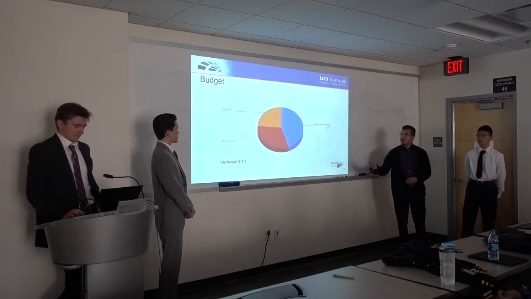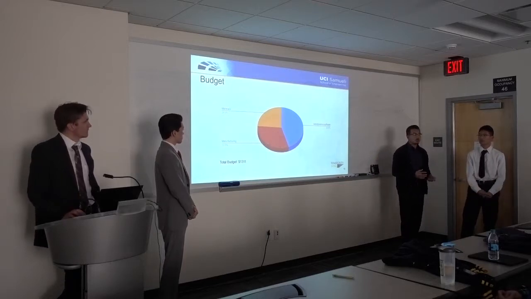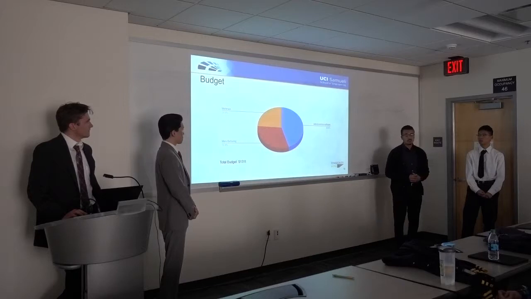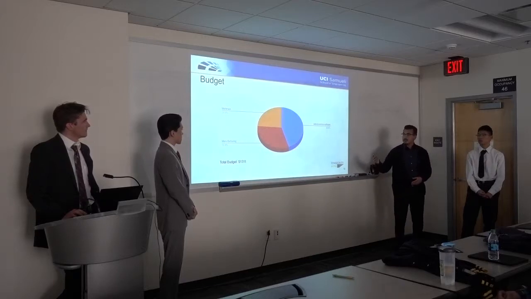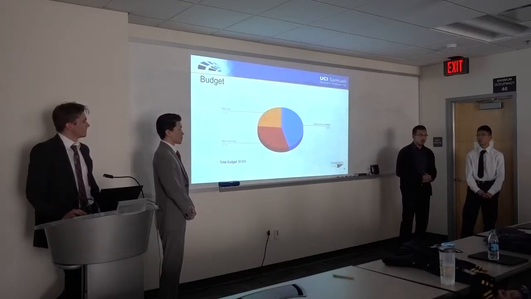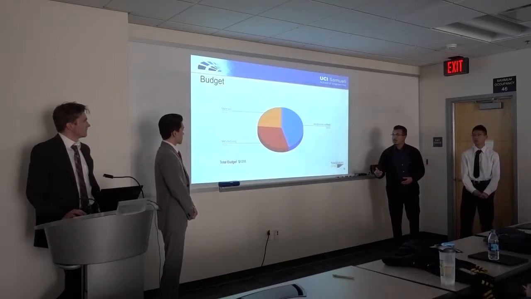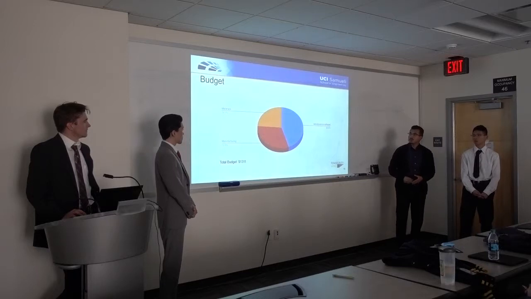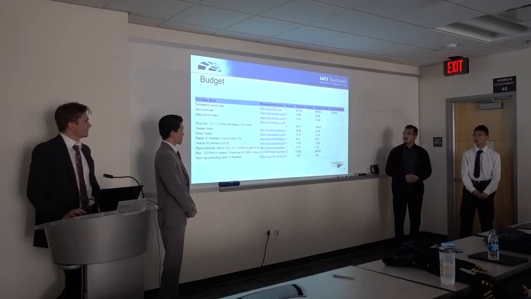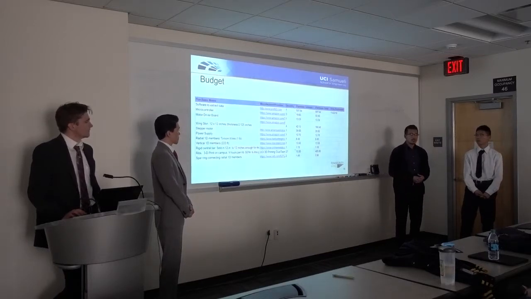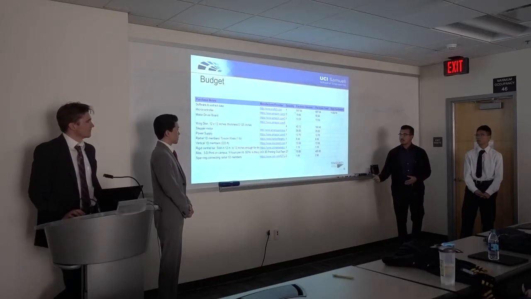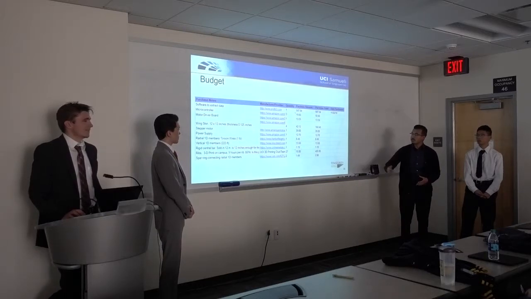We forecast that 24% of the total budget would be used for materials in the manufacturing of the actual wing, and the manufacturing process in terms of tools and processes, we forecast at 30% of our total budget. The next slide shows a more detailed look at our budget, the materials that we would use, and the software is listed up top too.